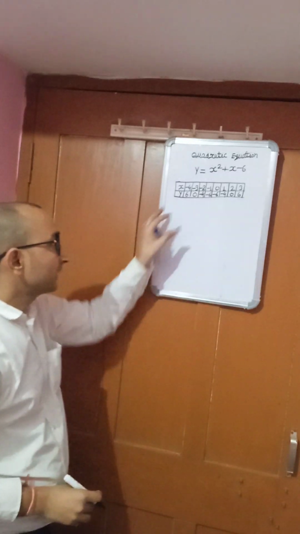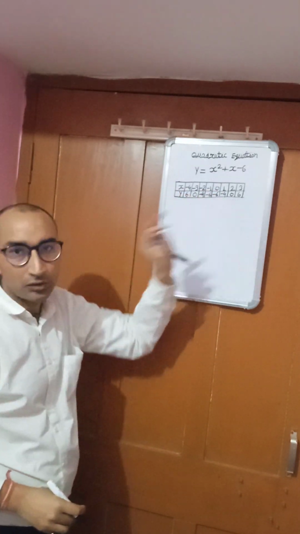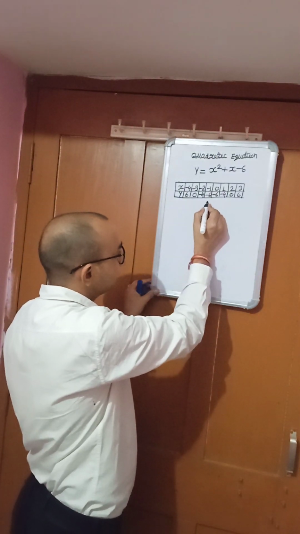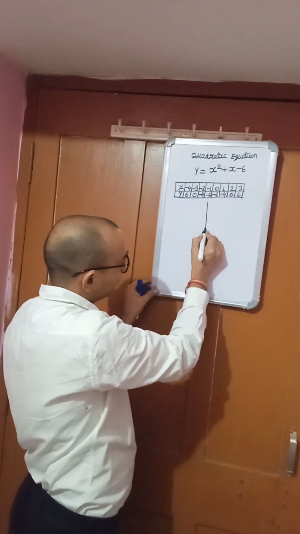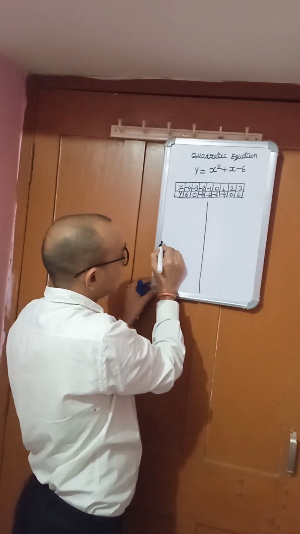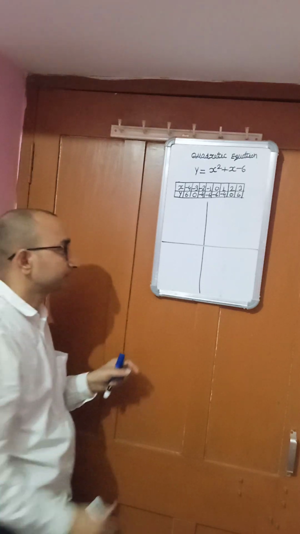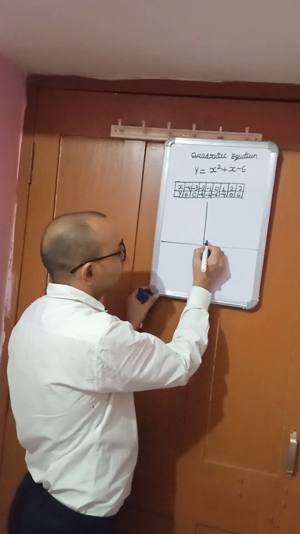So this is our x coordinate and this is our y coordinate. I want to represent these points on the given graph.